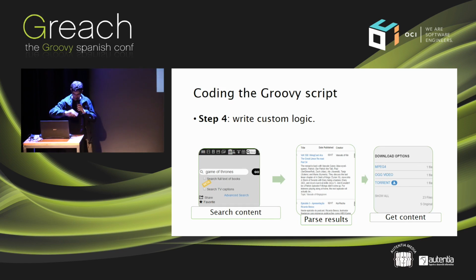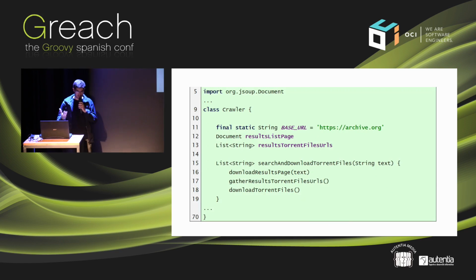Then we want to parse the results that appear on the screen, which are downloaded as HTML, and gather the URLs to the files that we want to download. So it makes sense to write a class to separate all these responsibilities.